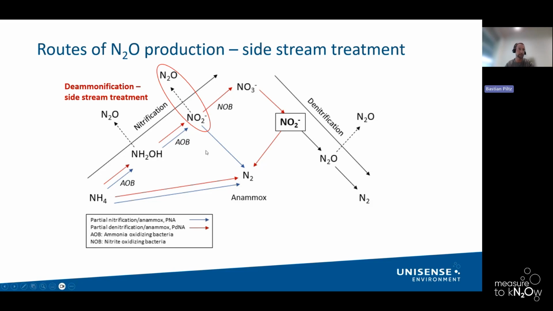And why is that the case? You need a perfect balance between ammonium and nitrite to then move on into N2 gas. If there is an imbalance in your running process, if there's too much nitrite present, then nitrous oxide is formed. So again, basically a process imbalance, a process inefficiency, is leading to an increase in nitrous oxide production. So here, measuring nitrous oxide in the process and adjusting your aeration and your loading based on that can give you direct information and can enable you to keep the process in balance.